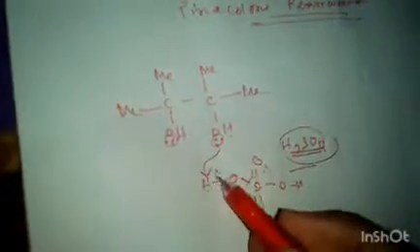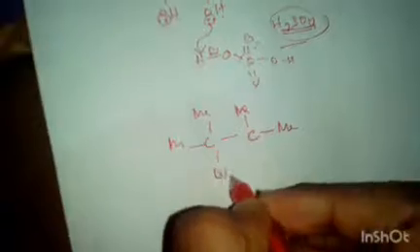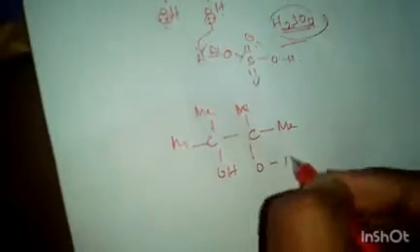So this hydrogen will give its electron to oxygen, because oxygen is far more electronegative than hydrogen. So what will happen is C, Me, the methyl groups, OH, another H, and there is a plus here.